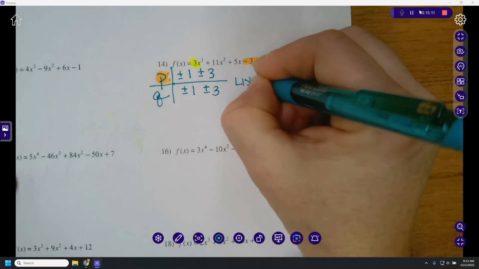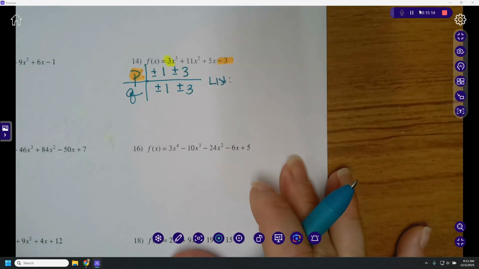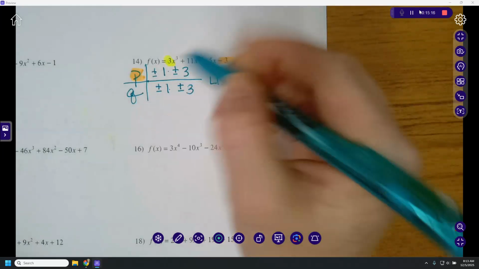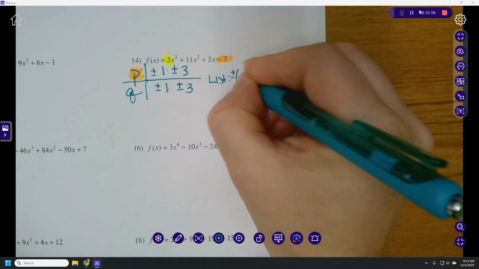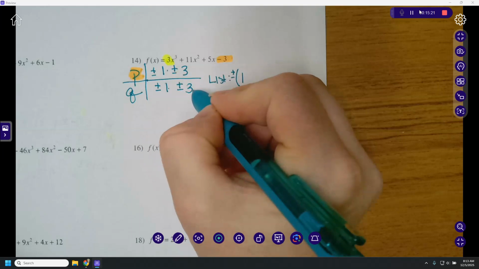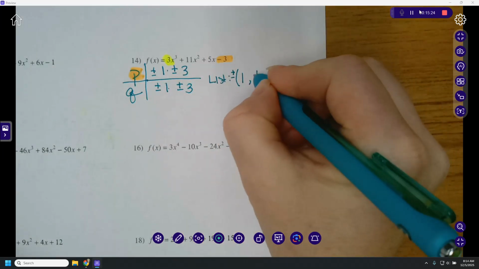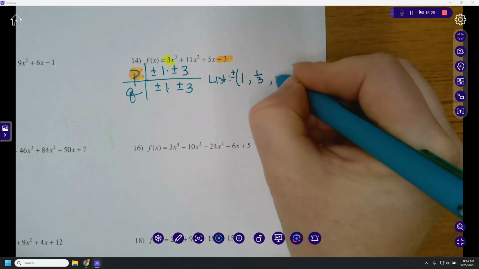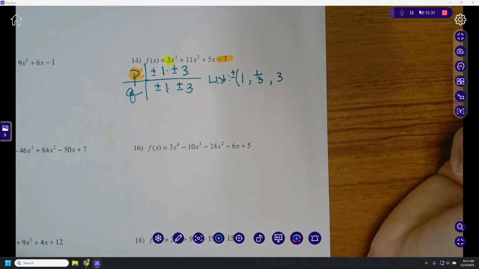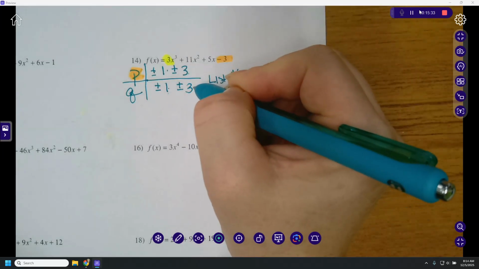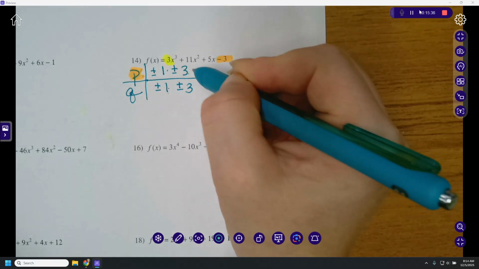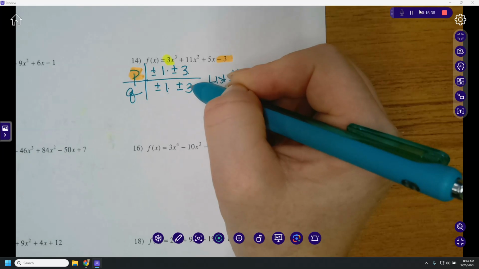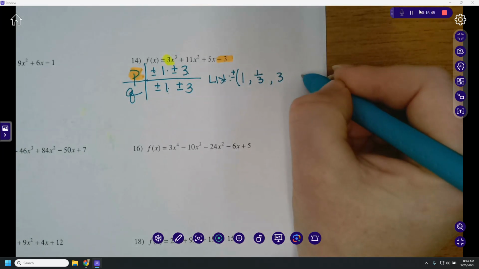So my list of potential zeros: we have 1 over 1, plus or minus 1 over 3, 3 over 1, and 3 over 3. But hold on a second. Isn't 3 over 3 just 1? So do I need to write it again? Please do not. You don't have to write it again. You're going to have that happen sometimes.